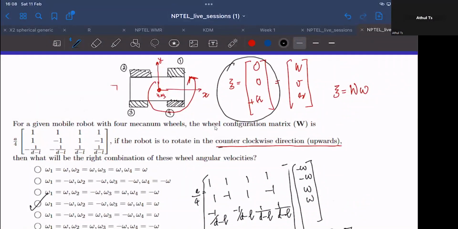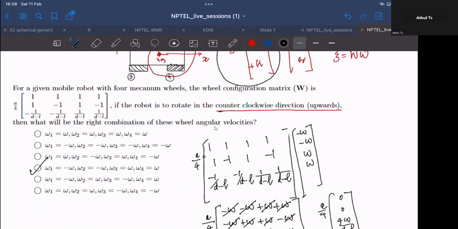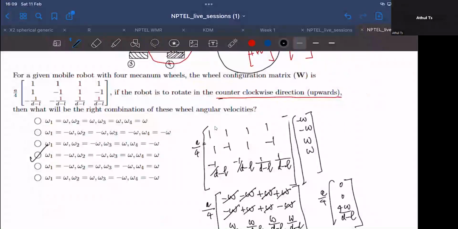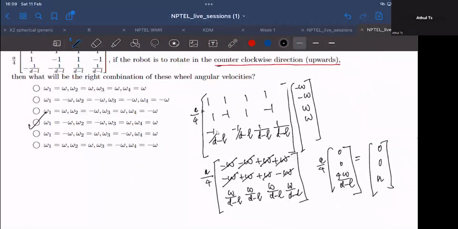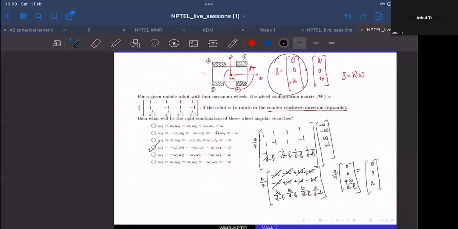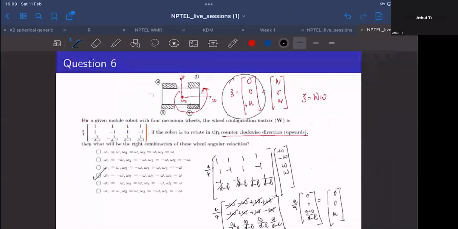It turns out that the wheel velocity combination minus omega, plus omega, and plus omega is the right combination. That would give you the zeta vector of the form 0, 0, some constant at the third entry. All the other entries are basically 0. I hope this is clear enough.